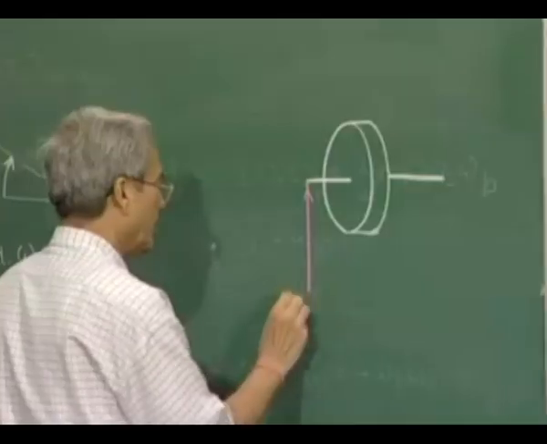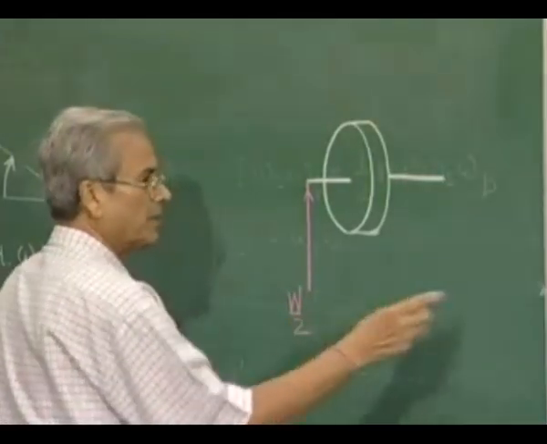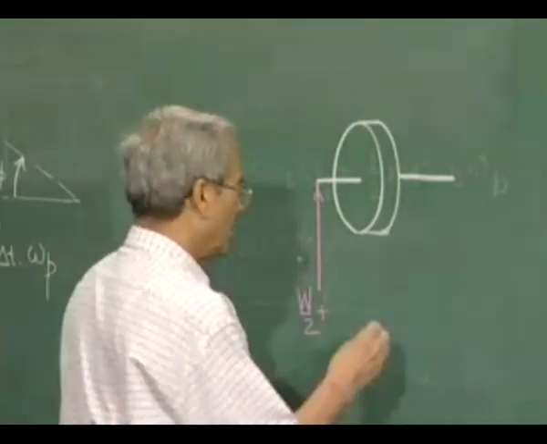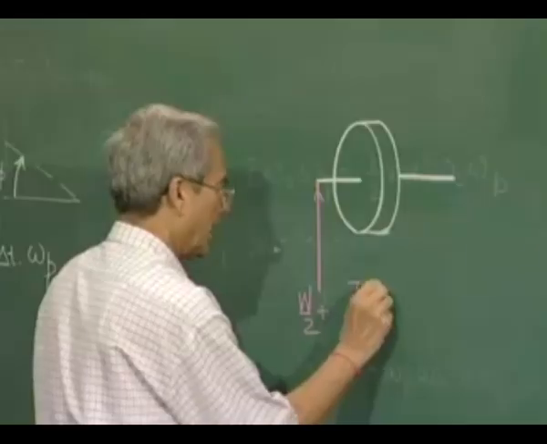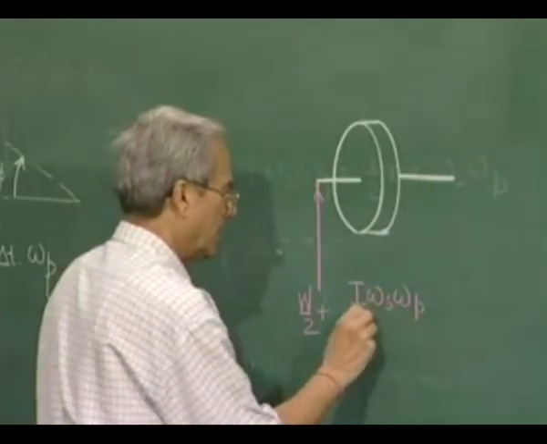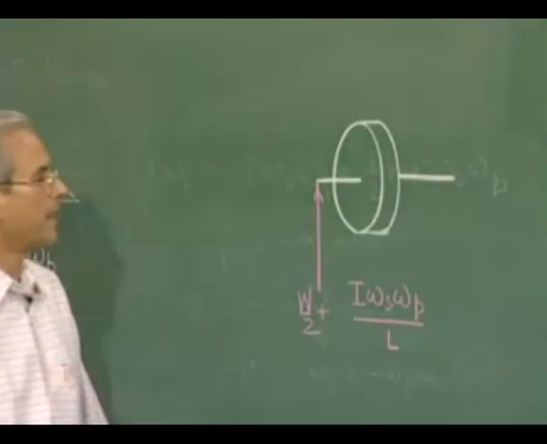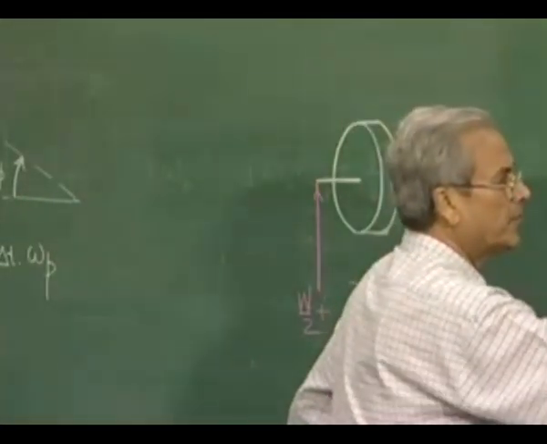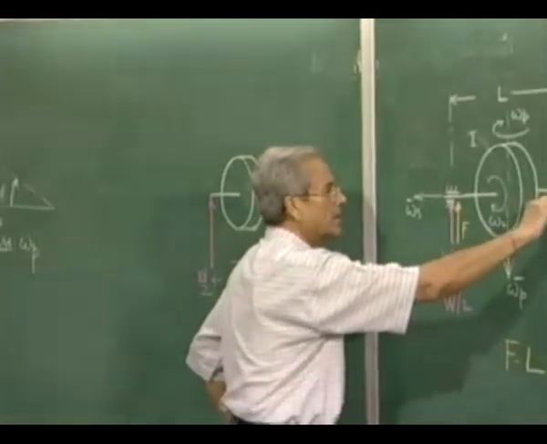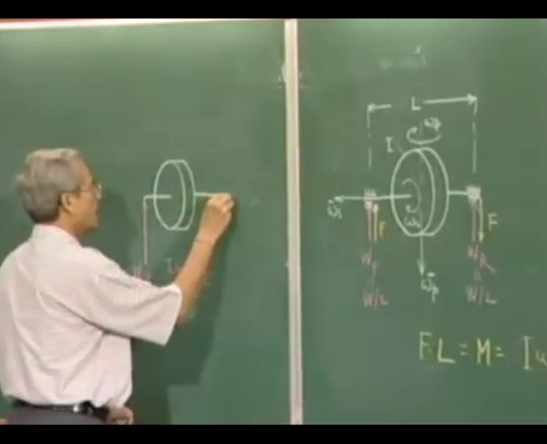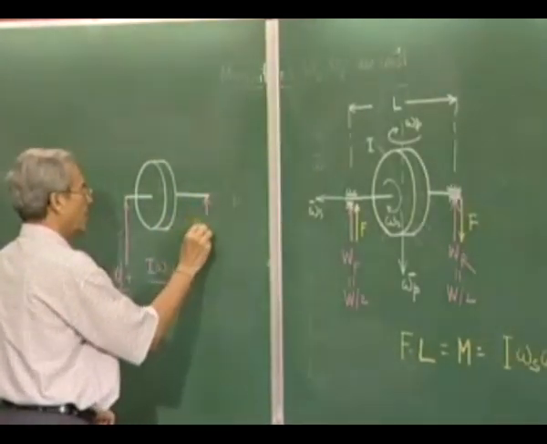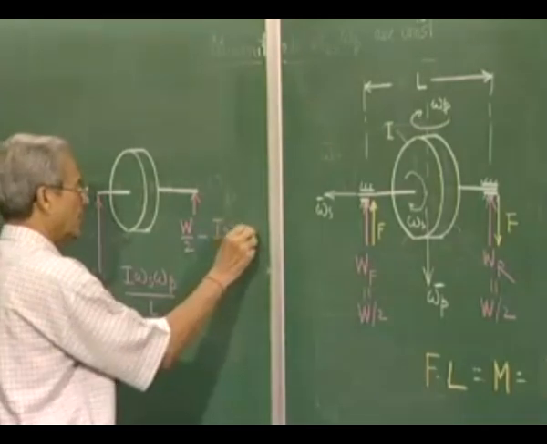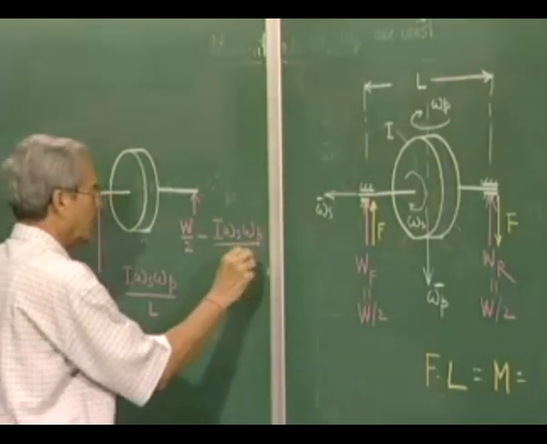Here it is going to be W by 2, if it is symmetrically placed, plus F, where F is equal to I omega s omega p by L. And here you can see that this force is going to cause a reduction. So the resultant force here will be W by 2 minus I omega s omega p by L.